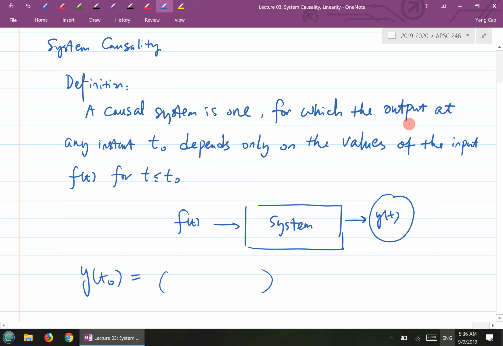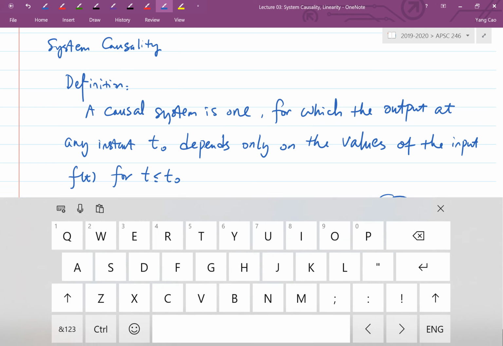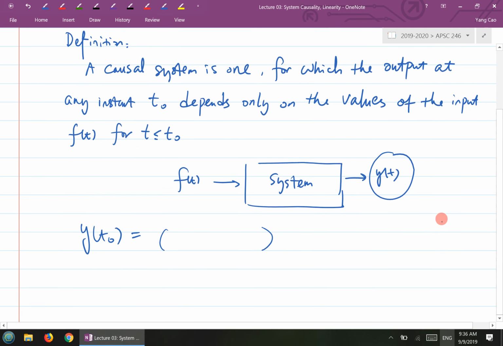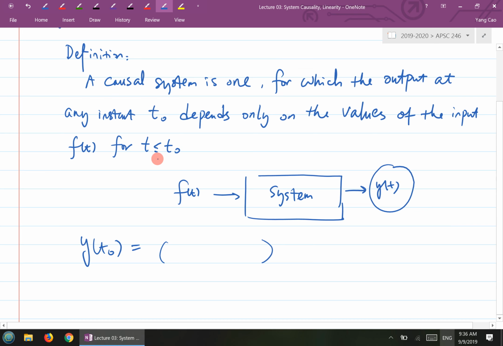If the system is causal, then this y of t naught, the output, depends only on the values of the input f of t for t less than or equal to t naught. So for example, y of t here could be just equal to f of t, or y of t equal to f of t plus f of t minus 2.